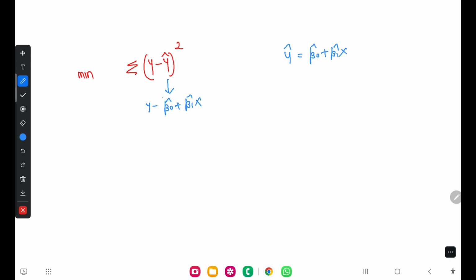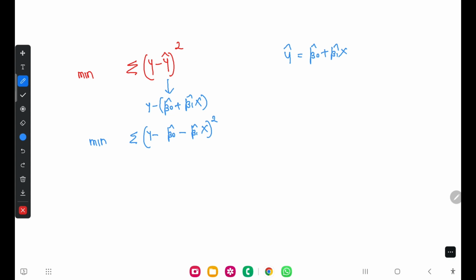Simplified, it's y minus beta naught minus beta 1 x, this whole thing to the power 2, and this is what we are supposed to minimize.